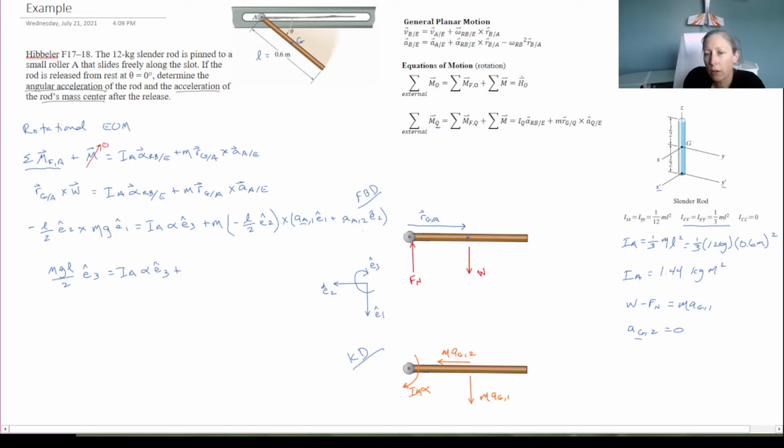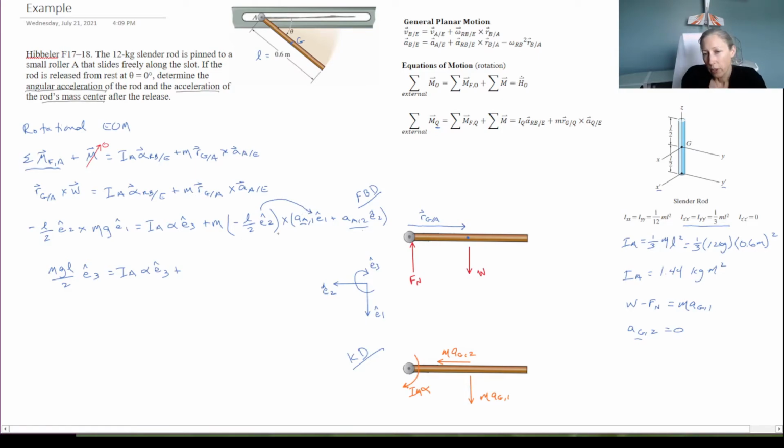Okay, and then I need to take a cross product. So E2 cross E2 is always going to be 0. That doesn't mean that the acceleration of A in the E2 direction is going to be 0. It just means that E2 cross E2 is 0. So I'm not going to worry about that, but I am going to worry about this negative E2 cross E1.